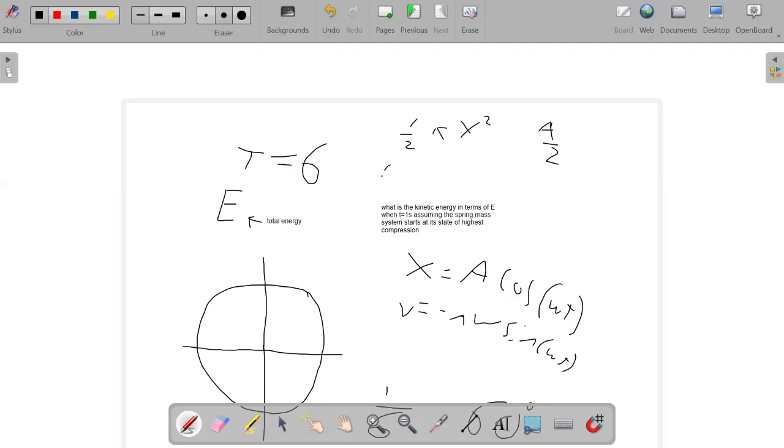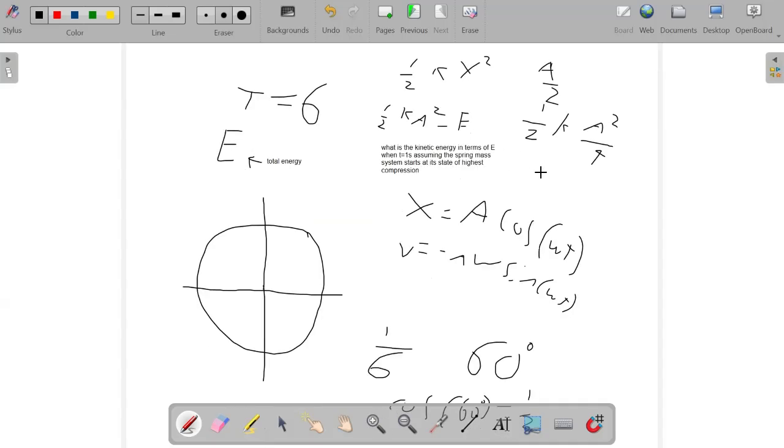And what we know is 1/2 ka squared equals E. If we have a over 2, that means this is 1/2 k a squared over 4, because we're plugging a over 2 in for this x now. You'll notice that this is this number divided by 4. So the potential energy at this point is equal to E over 4. So U is equal to E over 4. That means that K is equal to 3E over 4 due to the energy being constant.